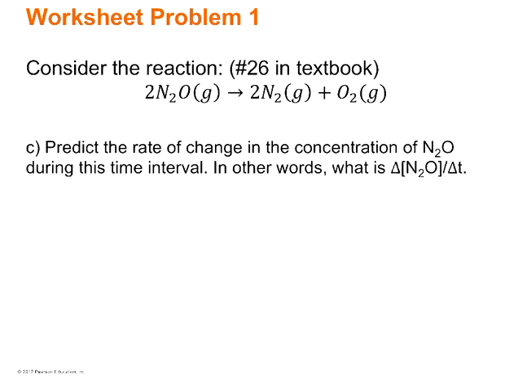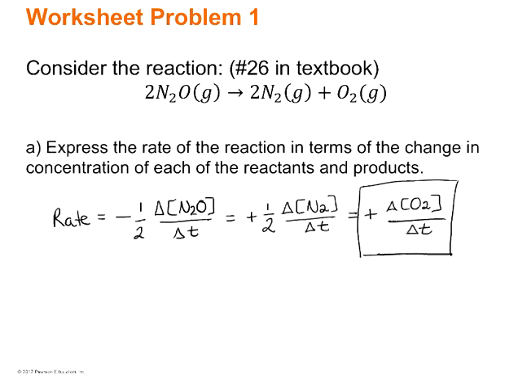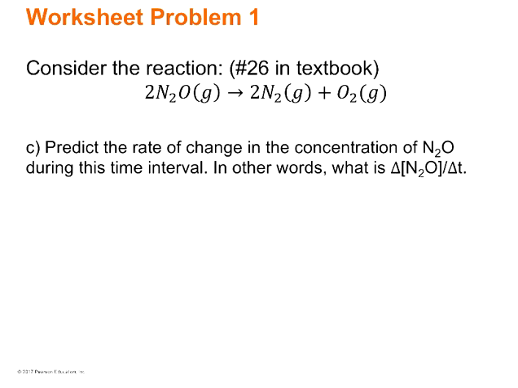Okay, so in other words, what is the change in concentration of N2O over the change in time? So remember from our first slide here for this problem, we had this expression for the rate for N2O. So let's use that same expression here.